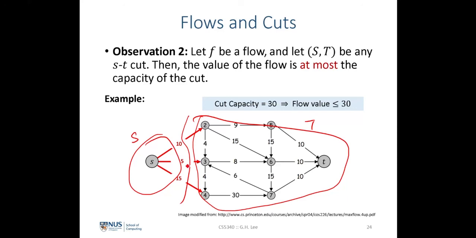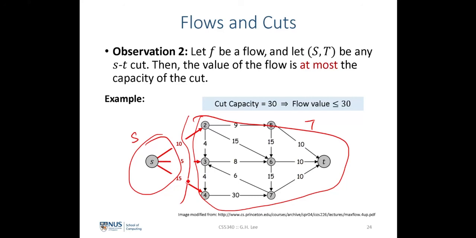This means that whatever total capacity I have across this particular cut, of all the edges that partition the set of nodes S from T, the maximum amount of flow that I can send across would be limited by this particular capacity.